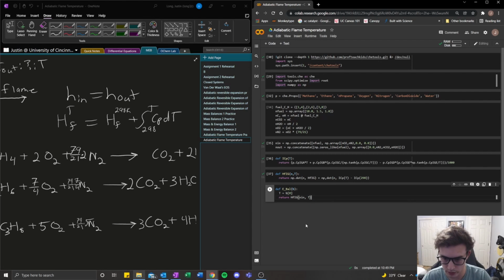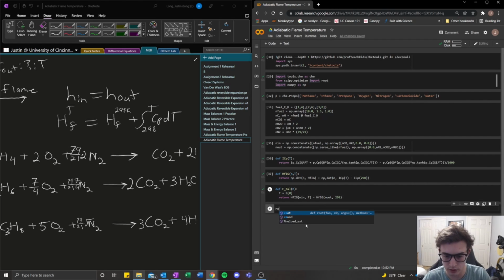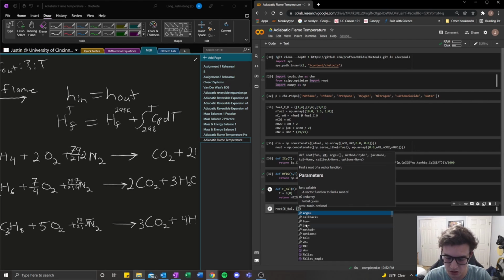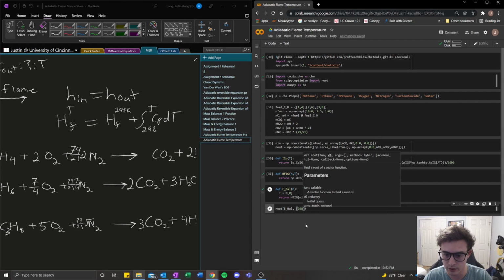So we need to do that, and then we want to subtract from the heat of formation of an ideal gas with the number of moles going out, and then at the temperature 298. And so now we just need to use the root solver. And so we want to do the root of eval, energy balance equation. And we want to give it an initial guess of, let's just say, 298 kelvins.